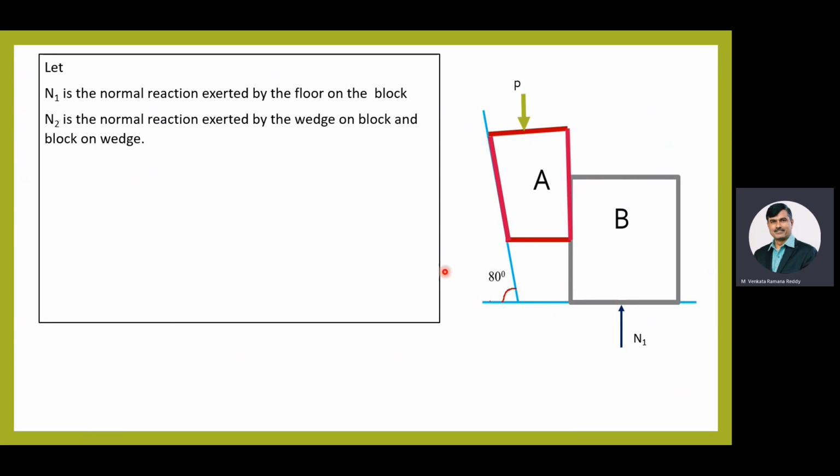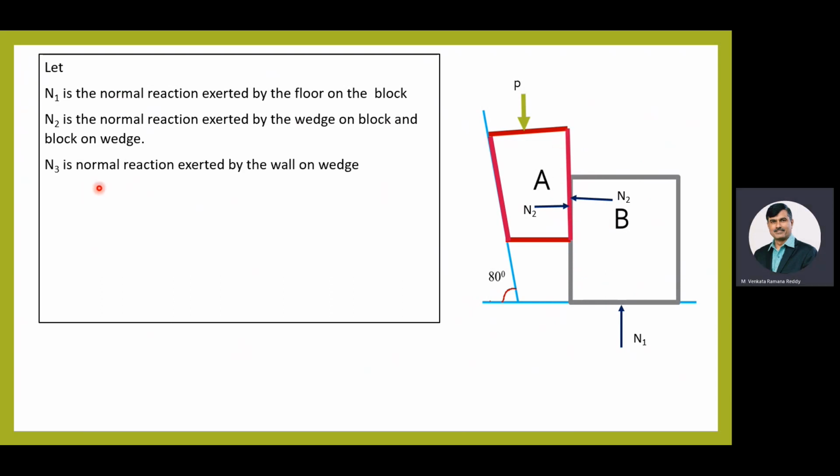N2 is the normal reaction exerted by the wedge on the block and by the block on the wedge. The normal reaction exerted by the wedge on the block is equal to the normal reaction exerted by the block on the wedge.